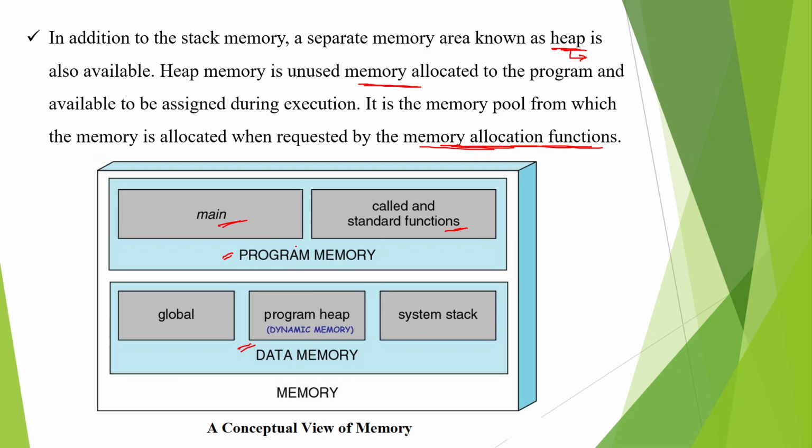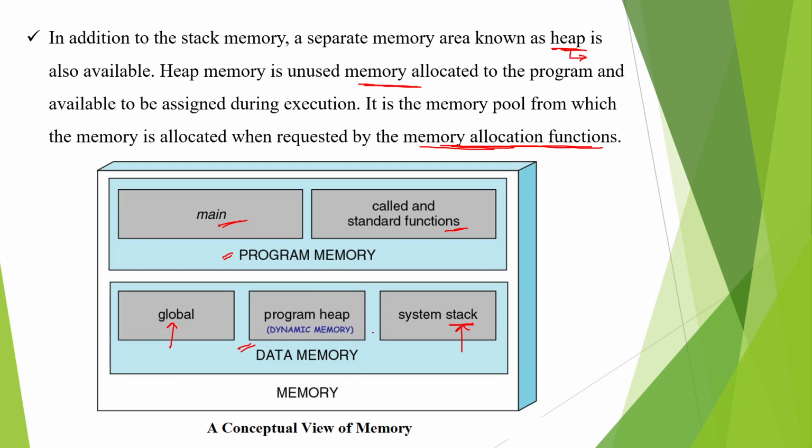So in the program memory we will have only the main and other called functions. But in the data memory we have stack, where the regular type of variables, local variables will be stored, and we'll have global, where all the global variables will be stored. Global variables in the sense the variables which we are declaring at the global declaration section. Okay, they will come under the global type of memory.